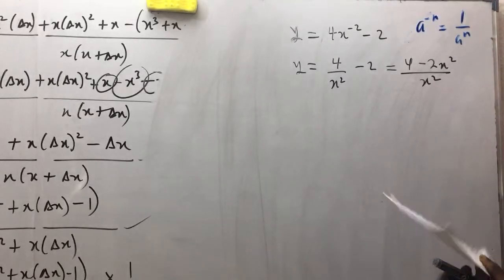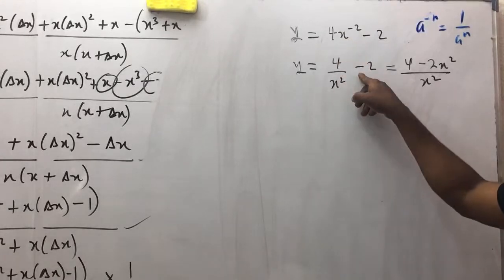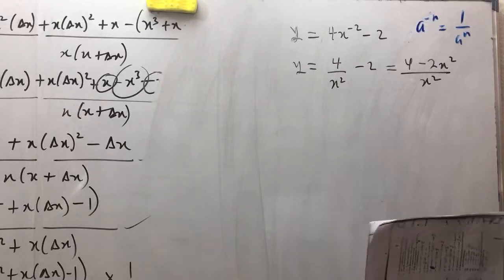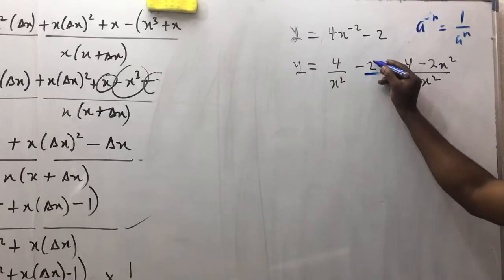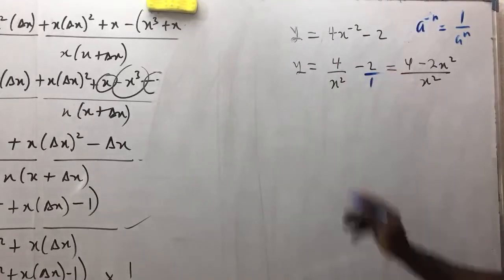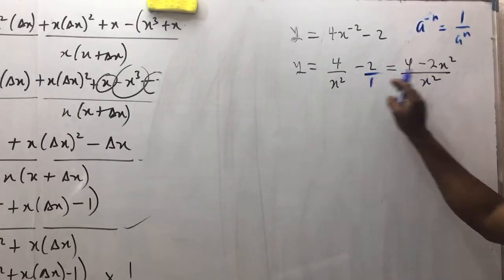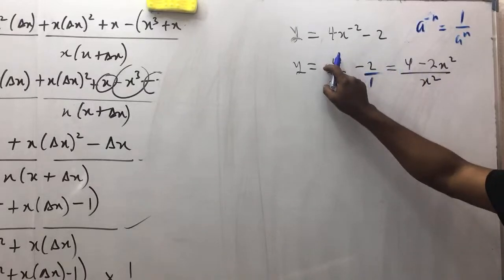That was what I used in simplifying this to get this, so minus 2. Now, I found the LCM at this point. Hope you know that 2 is the same thing as 2 over 1. So the LCM of x squared and 1 gives x squared, and x squared into x squared gives 1. 1 times 4 gives 4.